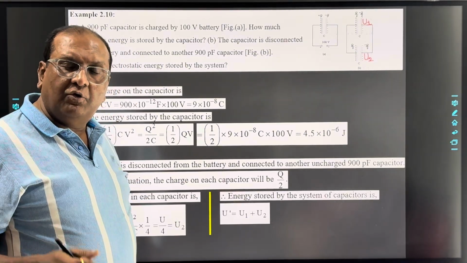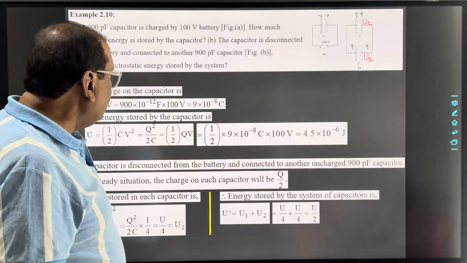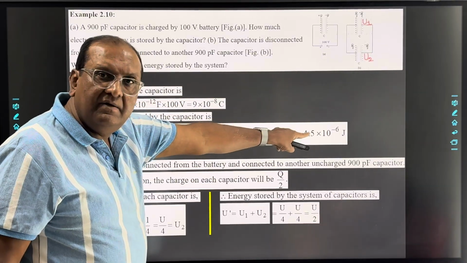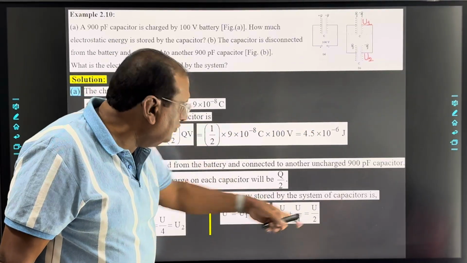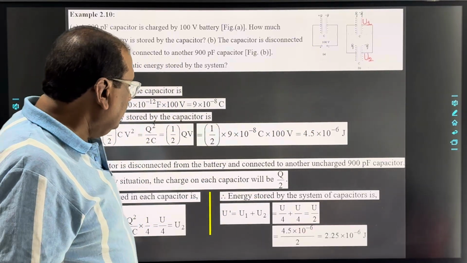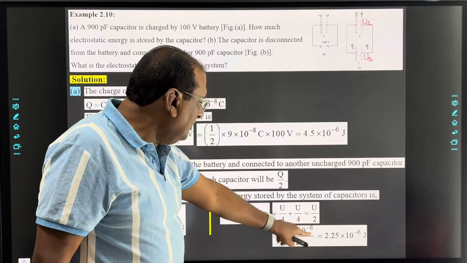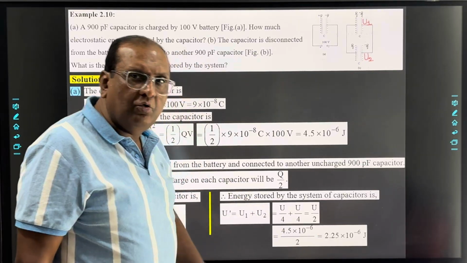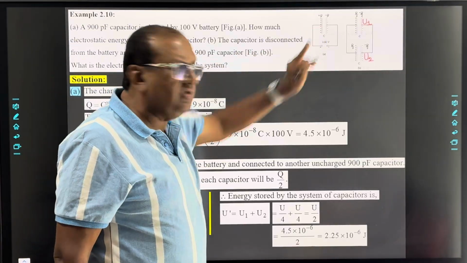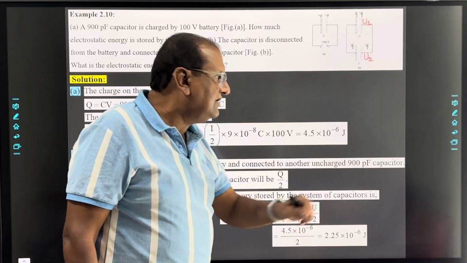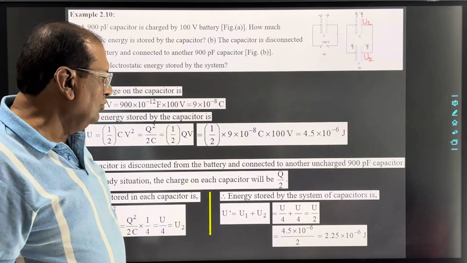So U by 4 plus U by 4 equals U by 2. And U we calculated here, so substitute this value of U in this equation. You will get 4.5 into 10 raised to minus 6 by 2. So the energy stored in the system of these two capacitors is 2.25 into 10 raised to minus 6 joule.